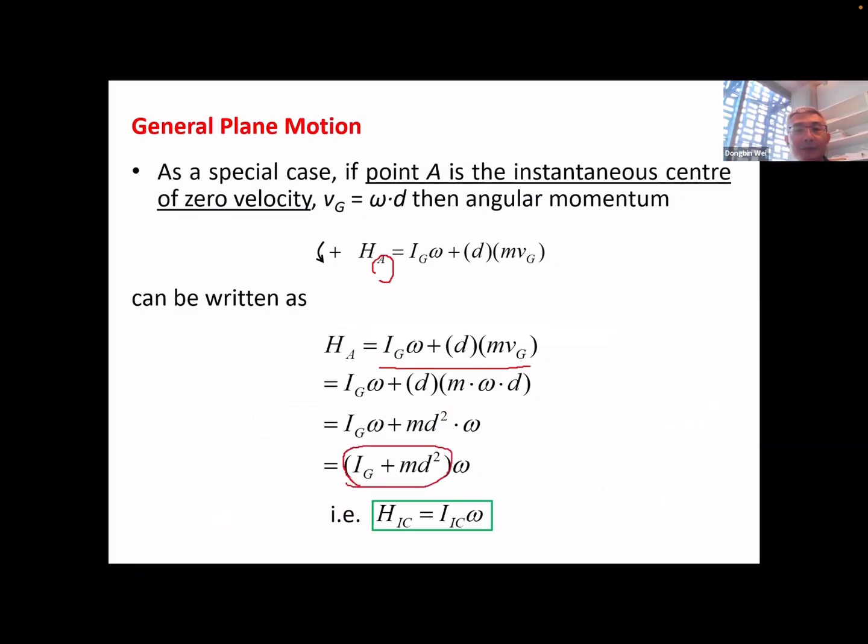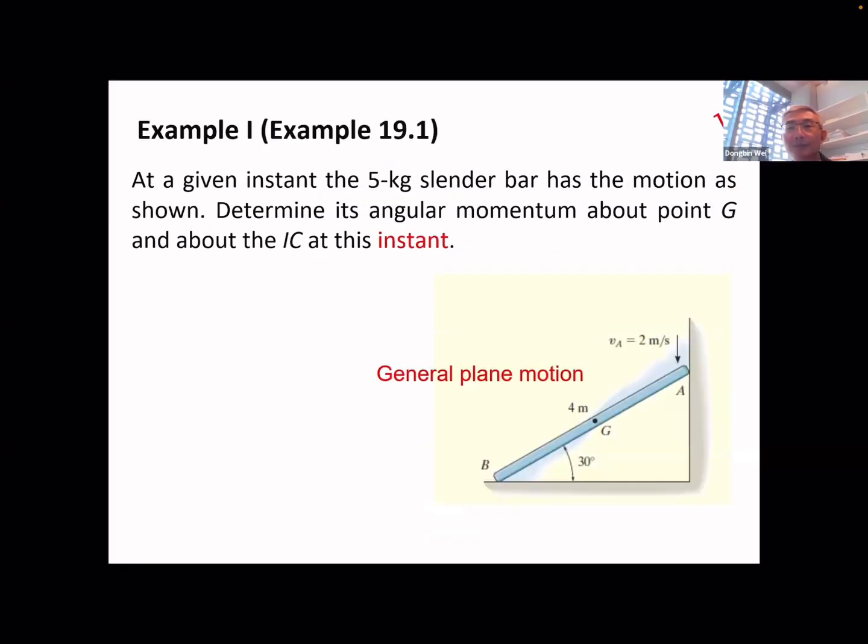So finally, you will see about the IC point, the angular momentum should be equal to the MMI of the rigid body about the axis going through the IC point times omega. Okay.